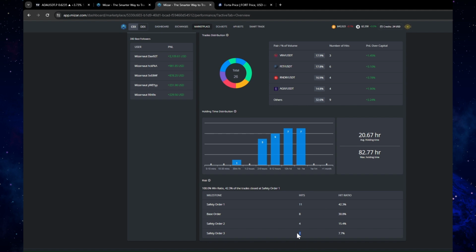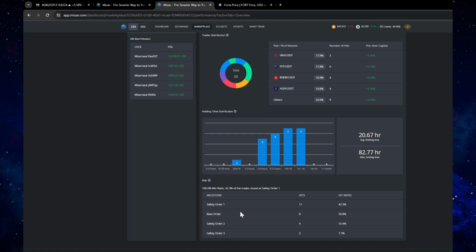To be frank with you, I'm not sure how they calculate these stats. I don't know if it's for the last 3 days or maybe the last 24 hours. No idea. I will definitely follow up with the Mizar team because I'm interested in these statistics. These statistics are needed in order to properly tune the strategy, but also for you to size your wallet correctly.